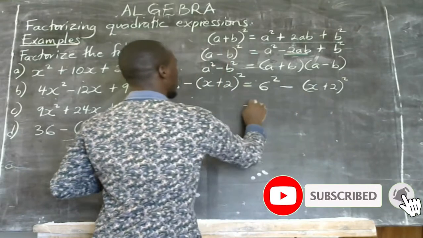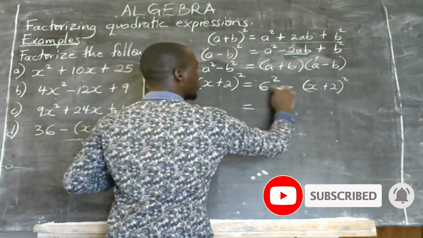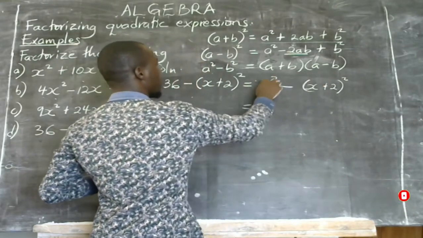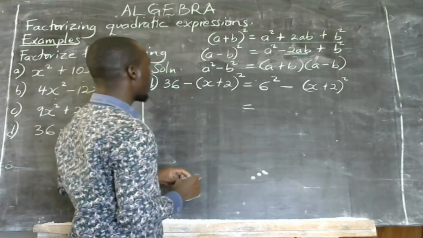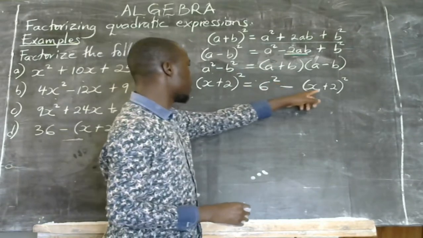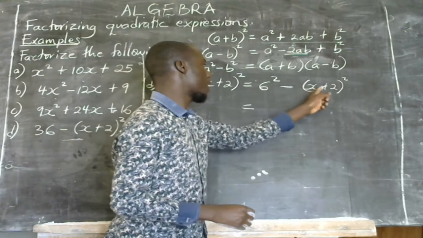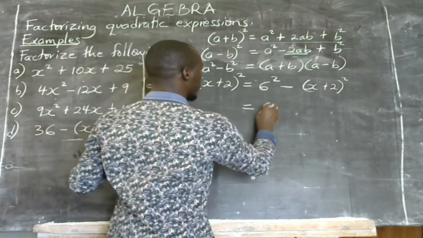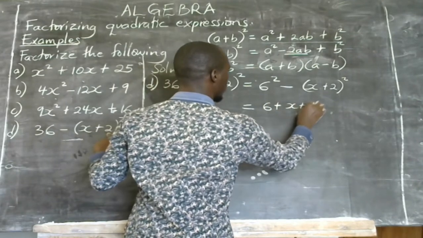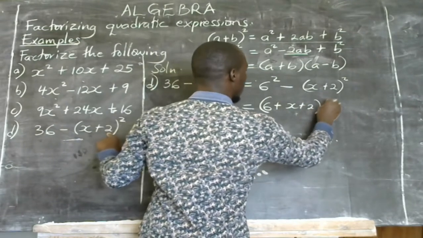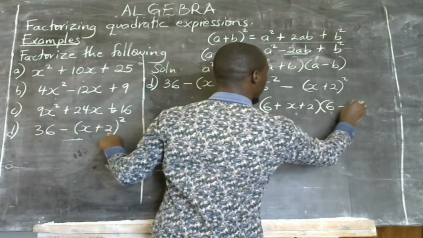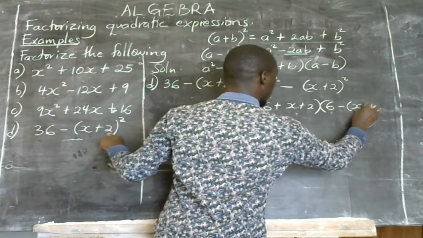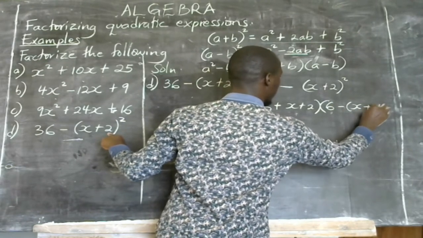Then now I can substitute these two in there. My A is the 6, and then my B is the whole of x plus 2. So this is 6 plus x plus 2. Then another bracket, 6 minus x plus 2.